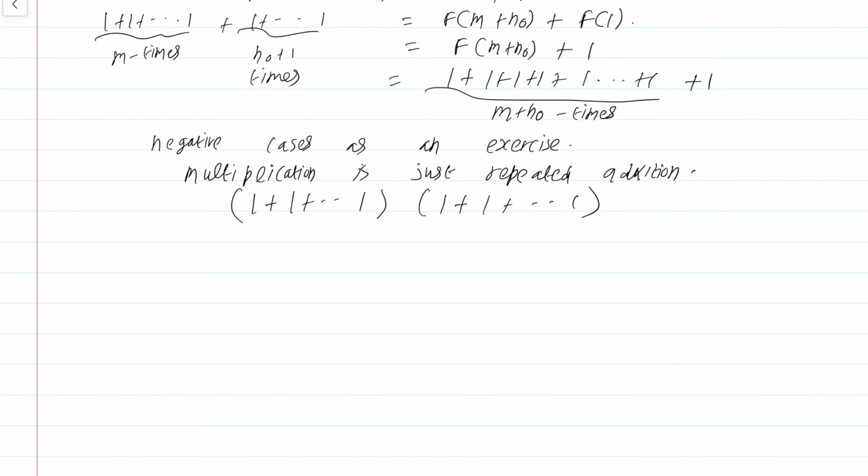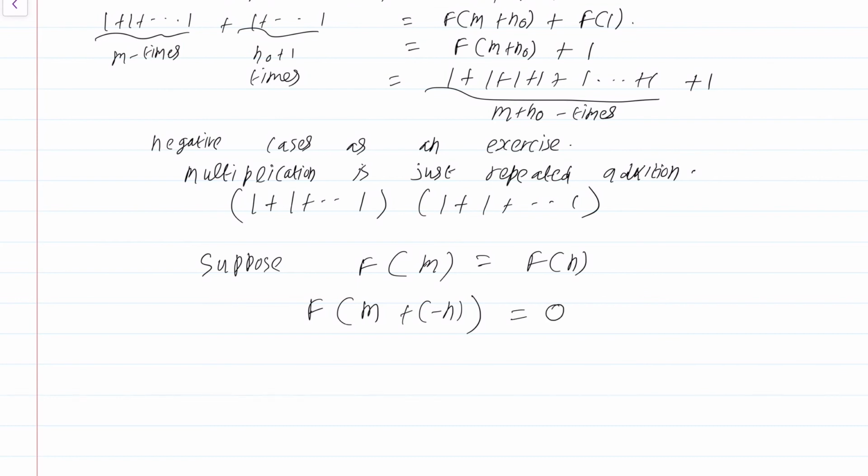So suppose f of m is equal to f of n, then we immediately get f of m plus minus n is equal to 0, which means f of m minus n is equal to 0.